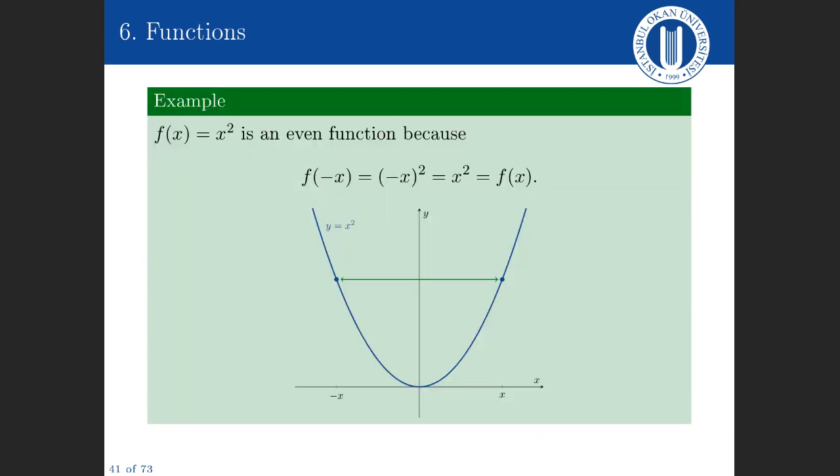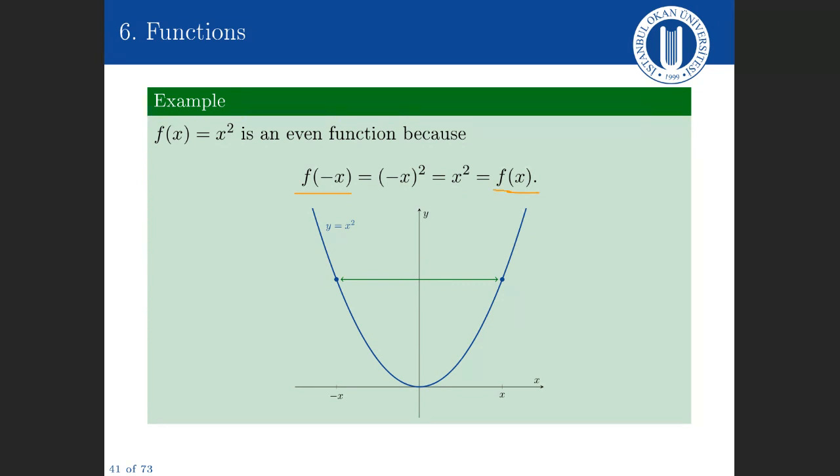Some examples. The function x squared is an even function because if I start with f of minus x, that's minus x squared, or x squared, which is the same as f of x. For this function, we always have that f of minus x is the same as f of x.